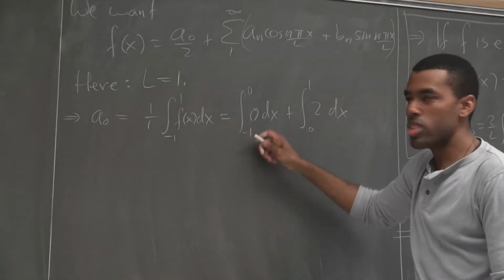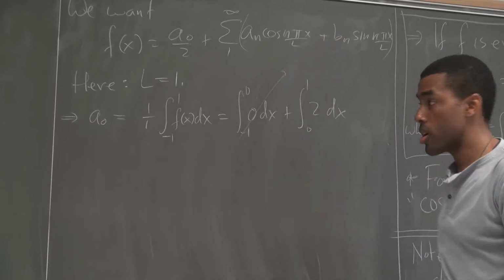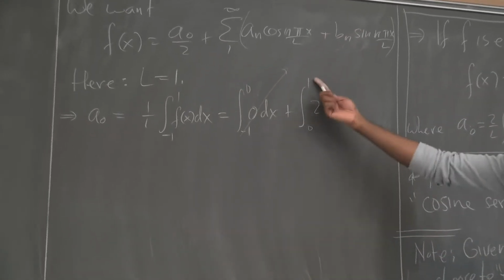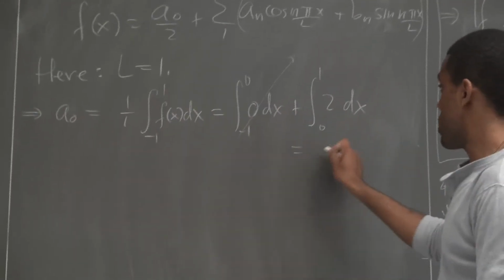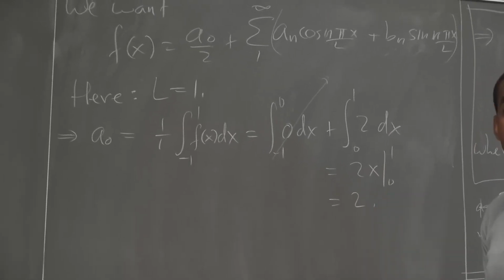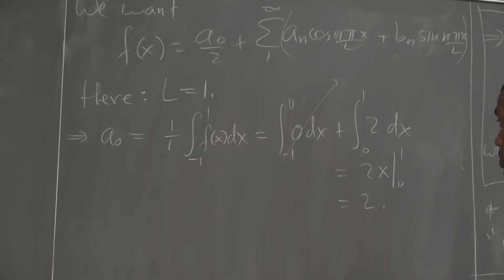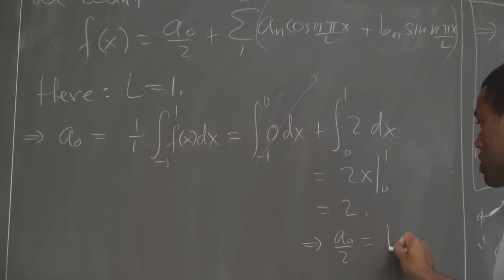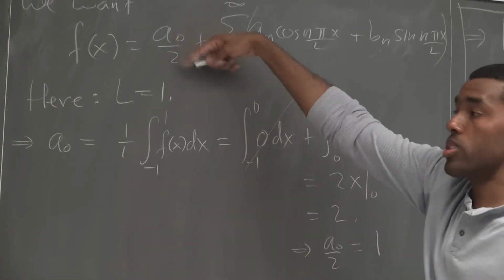But of course, if something is 0, just ignore that part. We don't have to worry about it. So really, your A0 is going to be the integral from 0 to 1 of 2. So this is going to be 2x between 0 and 1, which is just 2. So this means that your A0 over 2 component is just 1. That's going to be the first term here.